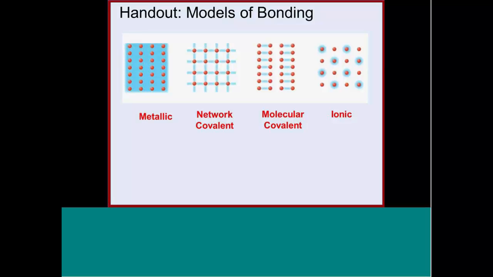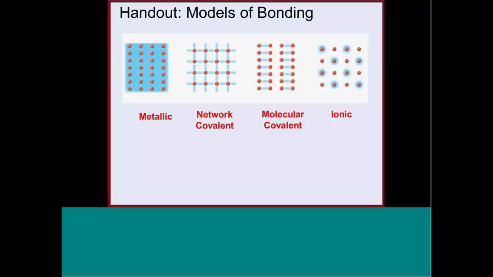So in the metallic substance, the blue shading is trying to indicate that the electrons are kind of spread out all over the place. In what we call network covalent, the electrons are very rigidly held between the atoms. In molecular covalent, they're held between atoms too, but not between all of the atoms.